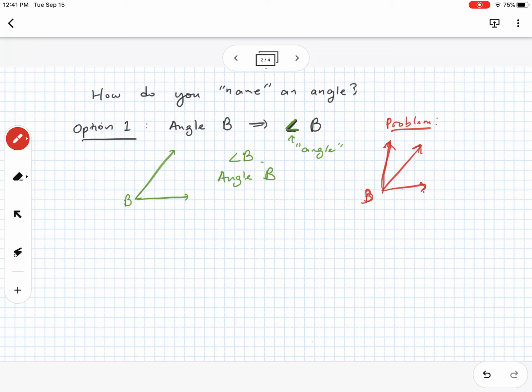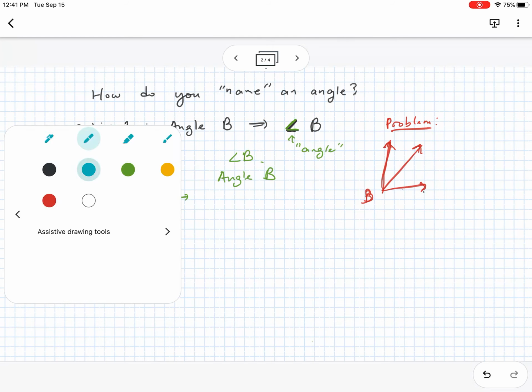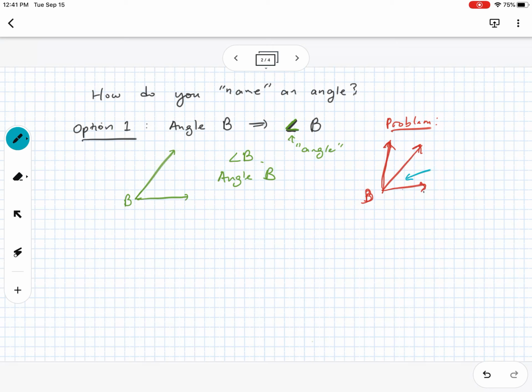If I say to you angle B in this case, there are different options for angle B. For example, this could be angle B. This could be angle B. Or even this entire angle could also be angle B. That's when we have to get more specific with our names.